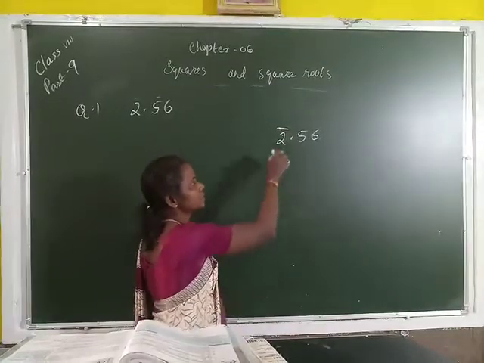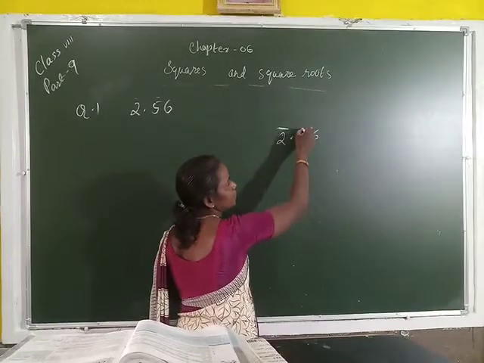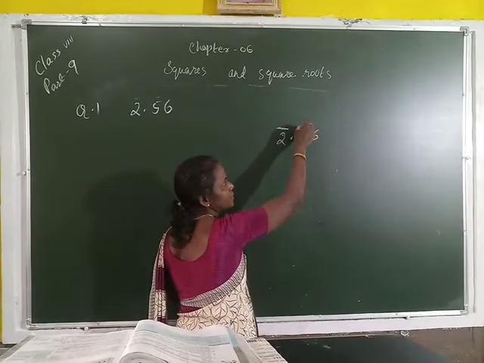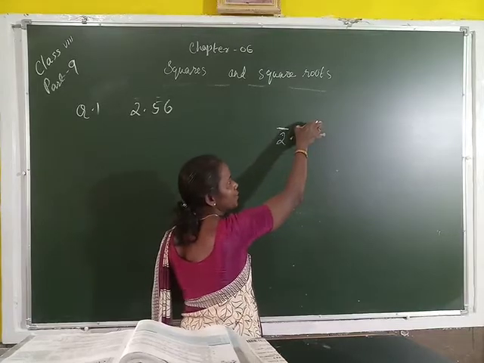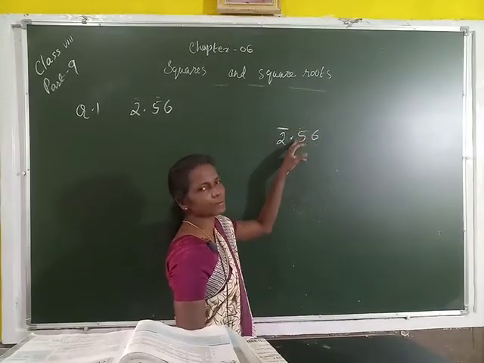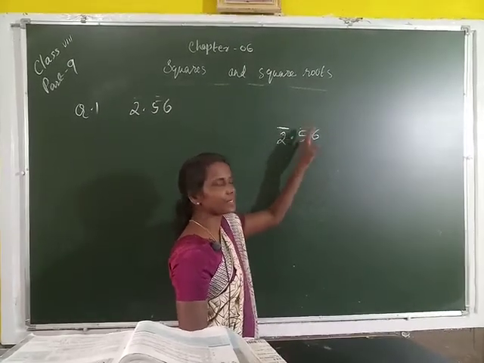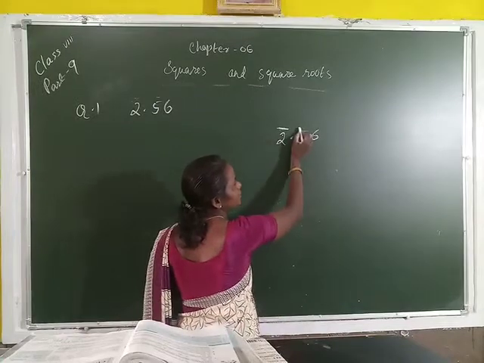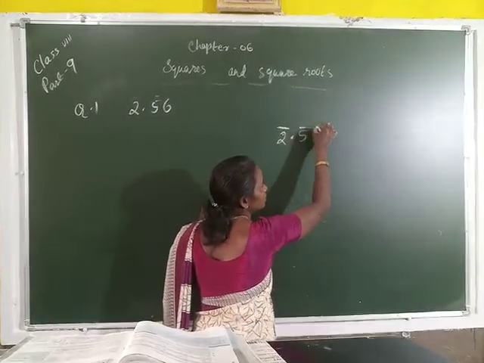Then for the decimal part, we put the bar starting from the first decimal number. Here the first decimal number is 5, the first place of the decimal part, meaning the tenth place. Let's start from the first digit.